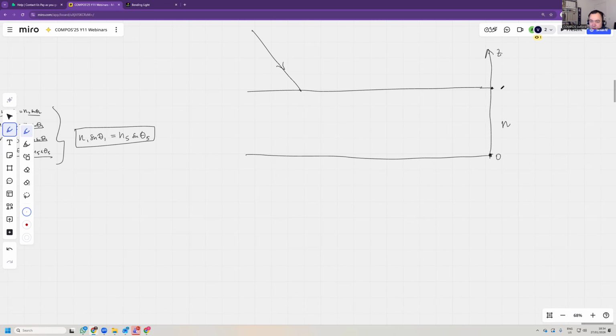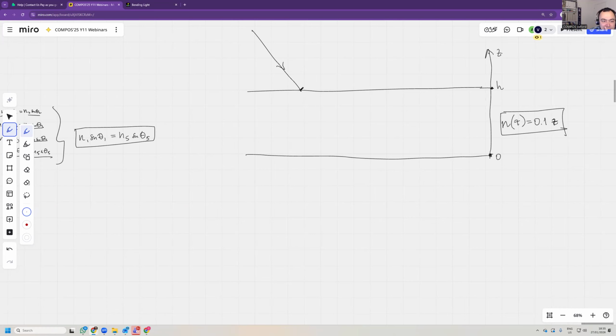And the refractive index at any point, this is H, the refractive index at Z is equal to 0.1 Z, right? So the refractive index is proportional. The higher you are, the higher the refractive index is.